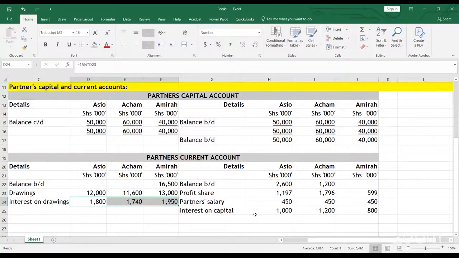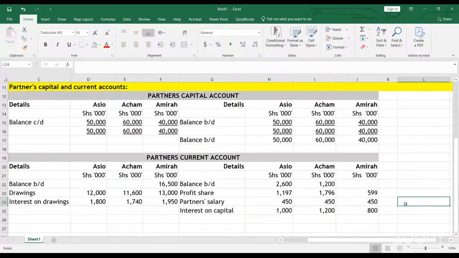Okay, so that's what we have. Let's balance up this account and we get the balancing figure. That is the balance brought down, that is the balance carried down. So let's try to do the addition.